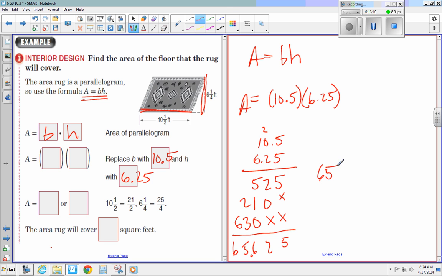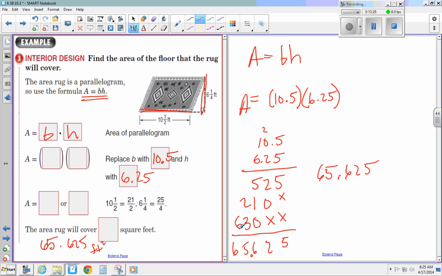And get 65.625. Okay? So you could have an answer of 65.625 square feet.